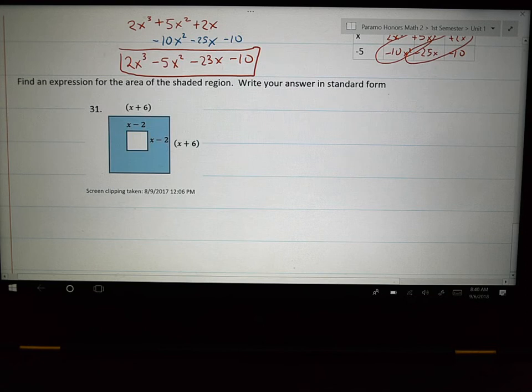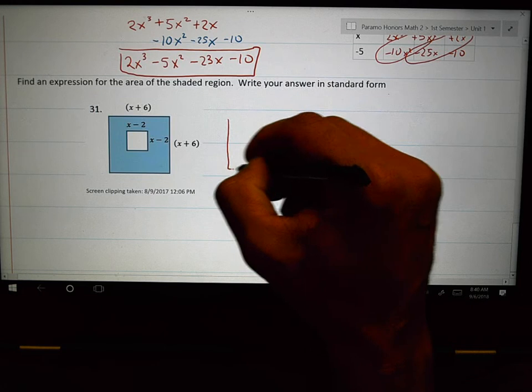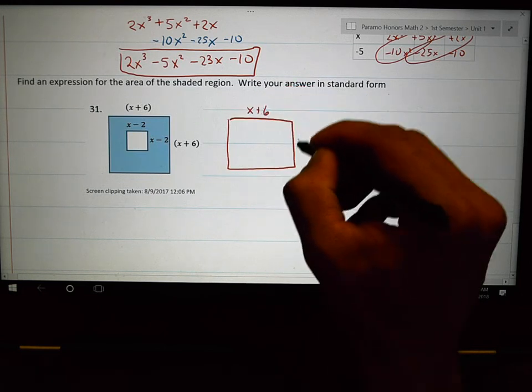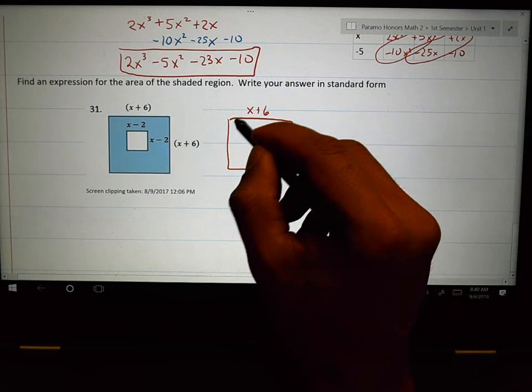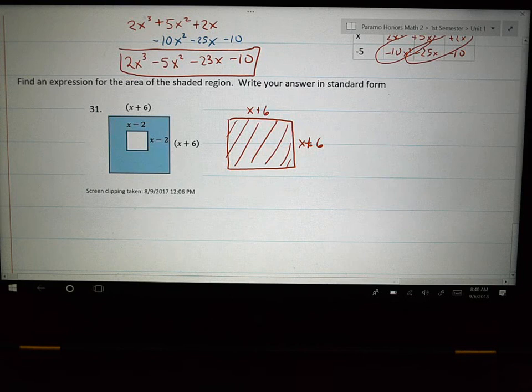And so what you need to think of is that there is a big square. You may or may not want to draw this. It's up to you. That looks like this. And we could find its area by doing the base times the height.